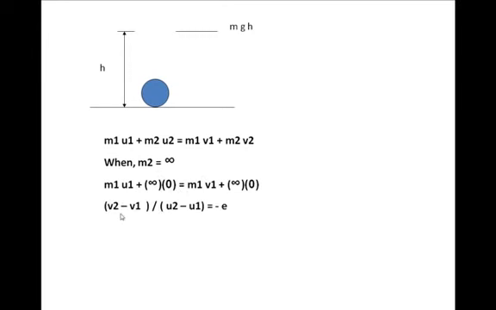Now let's look at the other equation. (v2 minus v1) upon (u2 minus u1) is minus e. Now you see v2 and u2 are going to be 0. Why? Because you are hitting a ball on the ground. Ground is not going to move either before the impact or after the impact. So v2 and u2 are 0.